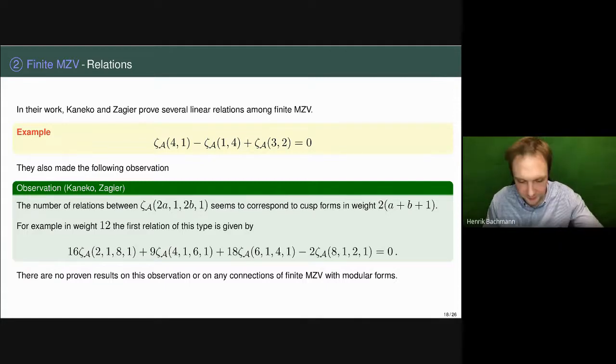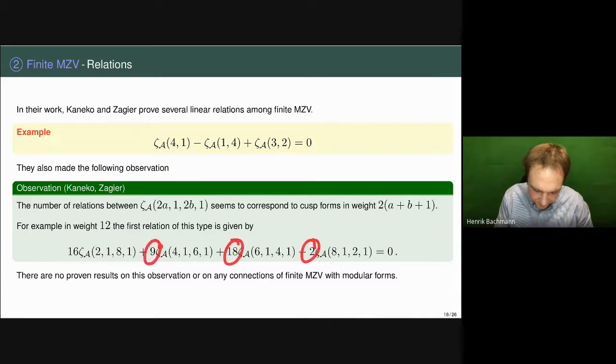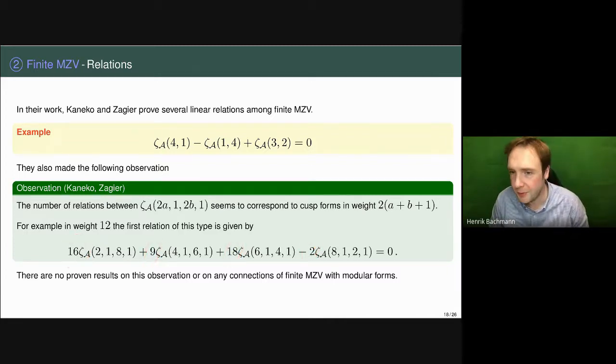But since this seminar is on periods, I wanted to, again, try to fit in these period polynomials, or these periods of modular forms, because one might hope that there's an analog of this theorem of Kaneko and Zagier by maybe giving explicit formulas for these coefficients coming from period polynomials.